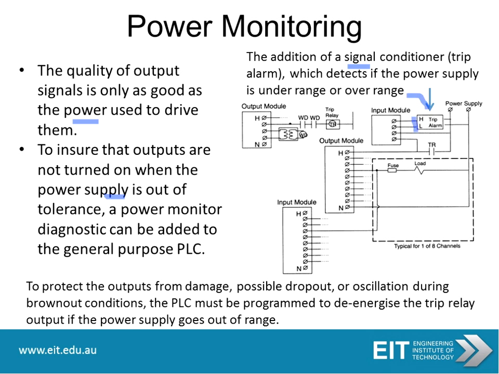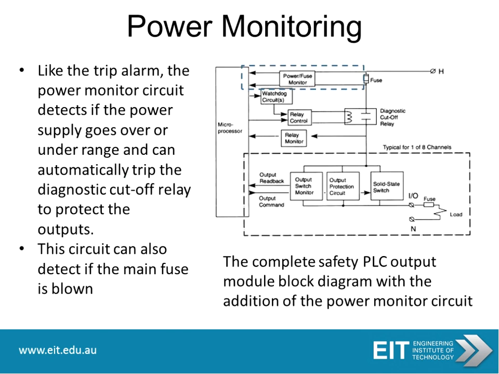You can see there's a high and a low level trip. And to protect the output from damage, possible dropout or oscillation during brownout conditions, your PLC must be programmed to de-energize the trip relay if the output of the supply goes out of range.